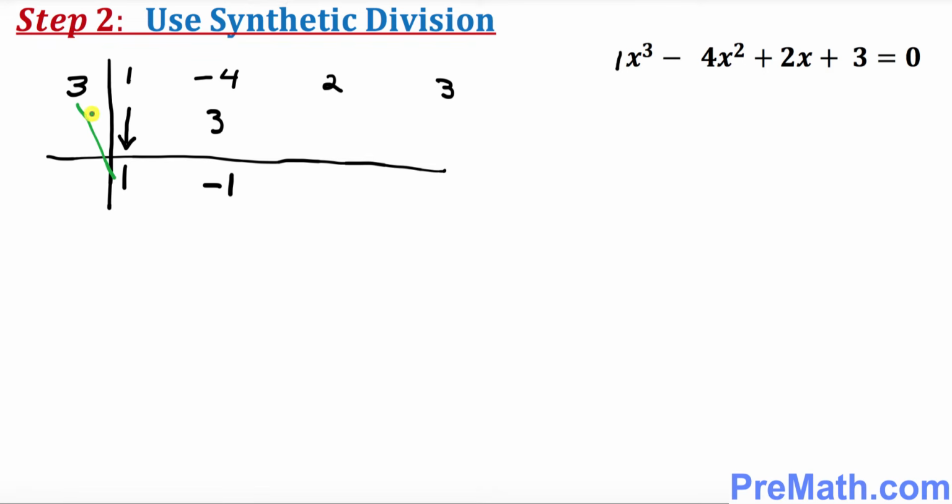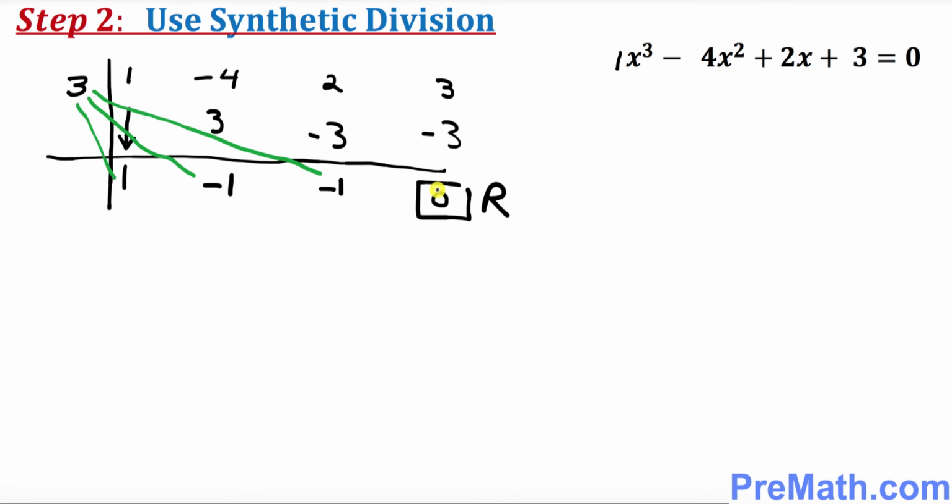Once again, multiply 3 diagonally with the negative 1. That's going to give you negative 3. So that turns out to be negative 1 when you add these two numbers. Next, again, multiply 3 with negative 1 diagonally. That's going to give us negative 3. 3 and negative 3 is going to give us 0. 0 is our remainder.